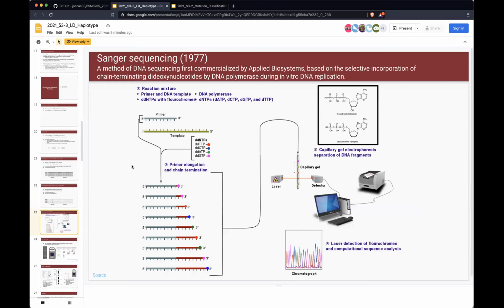Okay, so first we can discuss the direct approach, which is Sanger sequencing. This is one of the traditional methods. You can look at the DNA sequence from the genome, and you use a primer and fluorescent labels. Then you can bind each nucleotide to the template, and then you can read out which nucleotide forms each position.